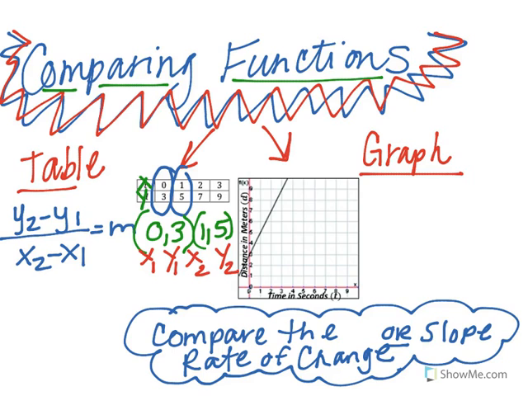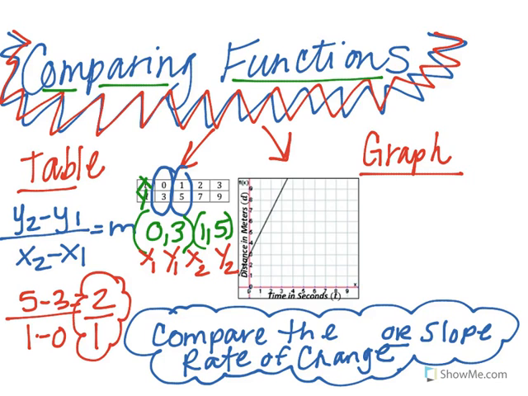We plug them into this formula to figure out what the slope is. Then you can subtract and you find that the slope is 2 over 1. So that would be our rate for that particular table, would be 2 over 1.